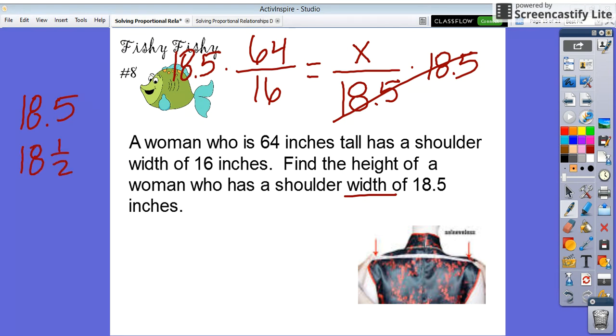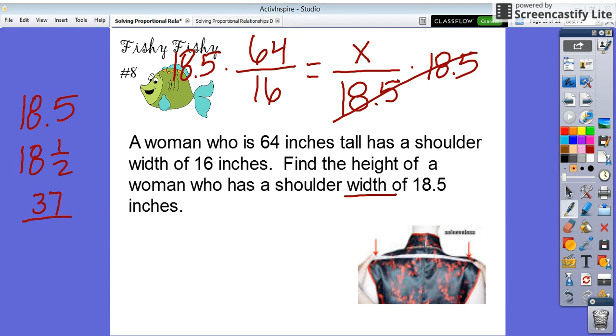So in order to turn my mixed number into a fraction, that would be 18 times 2. Okay? So what is 18 times 2? That would be 36 plus 1 is 37.